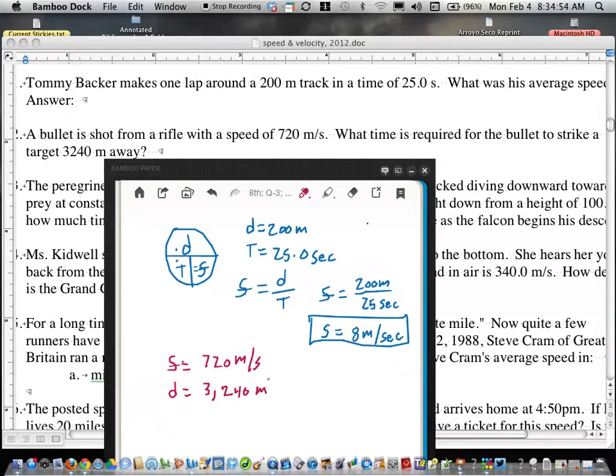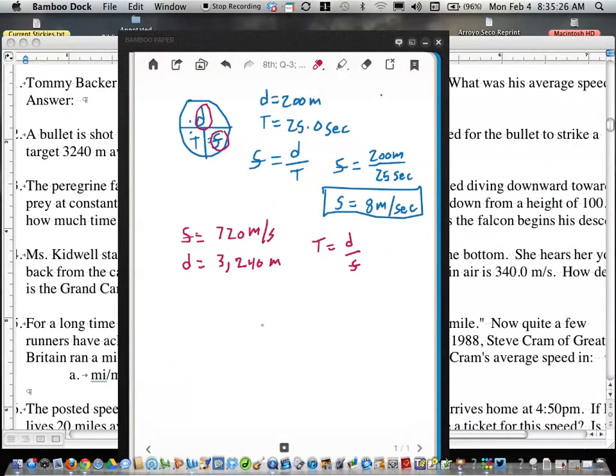So we know S and we know D. And we're asked to figure out T. Somebody tell me what the formula is to determine T. Yes. Tiana. Good. T equals D over S. Time is distance over speed.